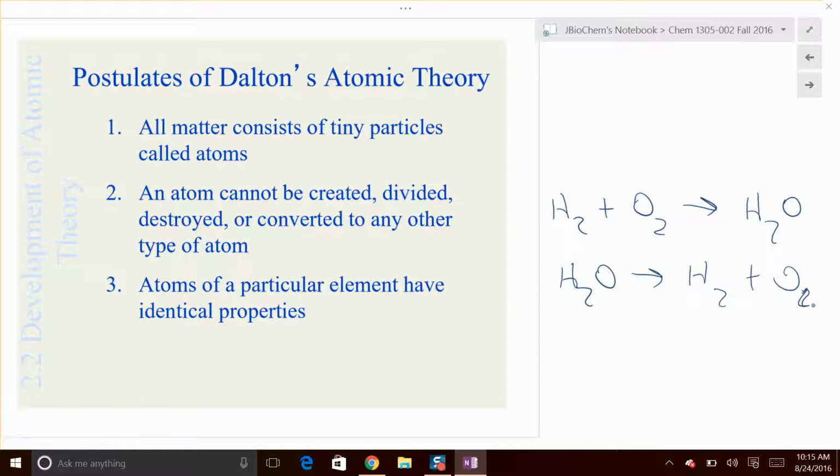Okay, 3. Atoms of a particular element have identical properties. So he's saying, if I have one atom of oxygen, it reacts with hydrogen. And that's true. Oxygen reacts with hydrogen no matter what isotope of oxygen it is. But what he didn't know about was isotopes.